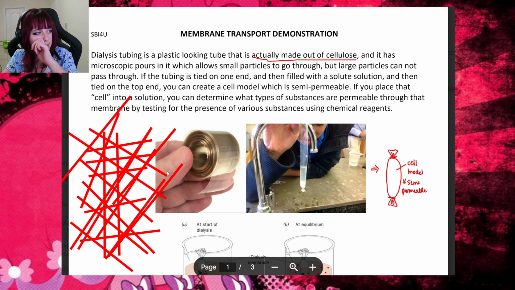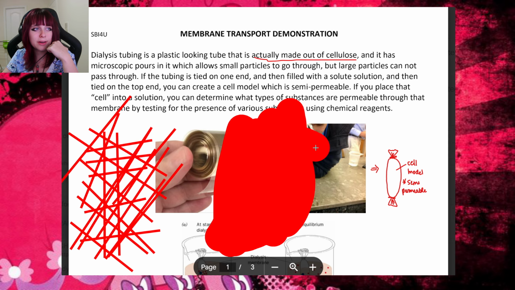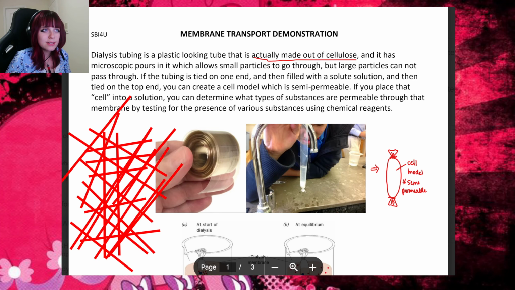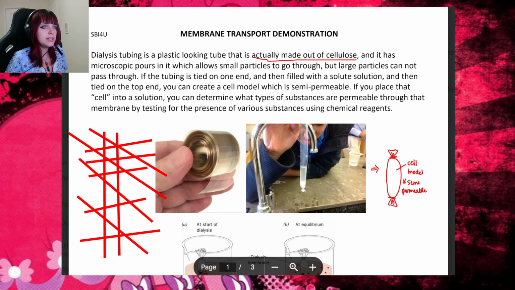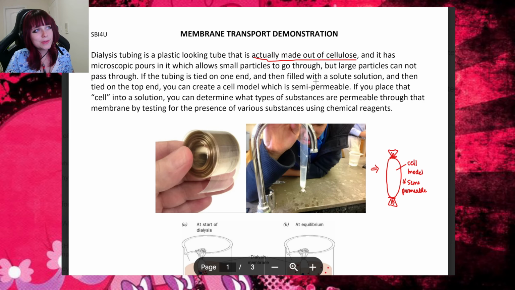Now, you'll notice that instead of just drawing it like this, where it's completely opaque, I showed these cellulose fibers overlapping each other, and you'll notice there's a lot of empty space here, right? So imagine these as pores, microscopic pores, and they allow particles to go through them.